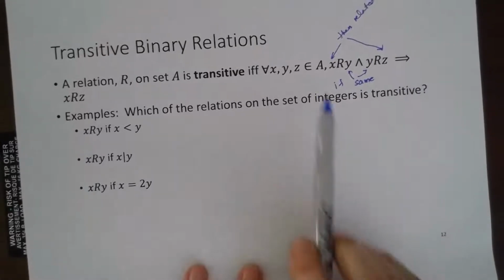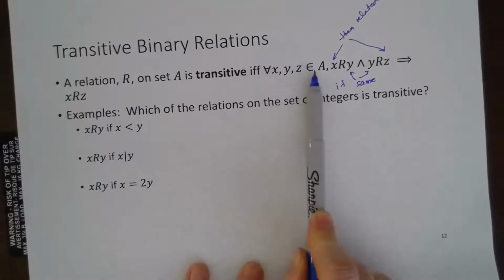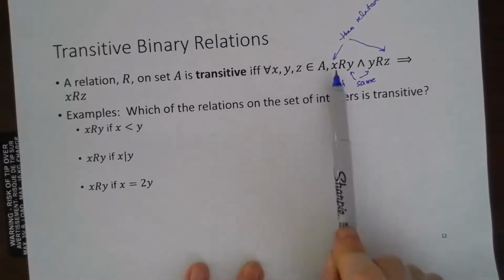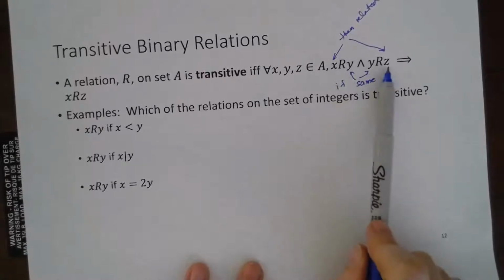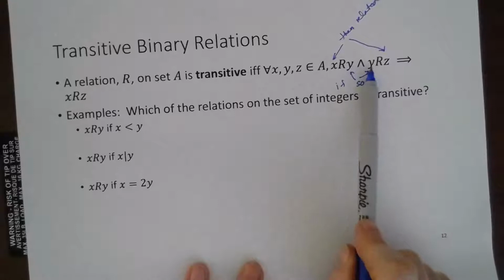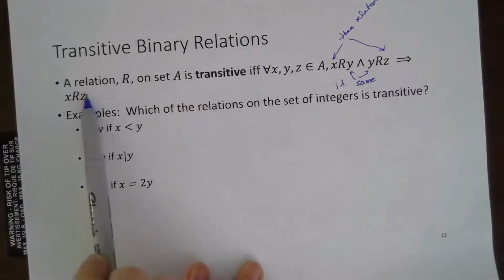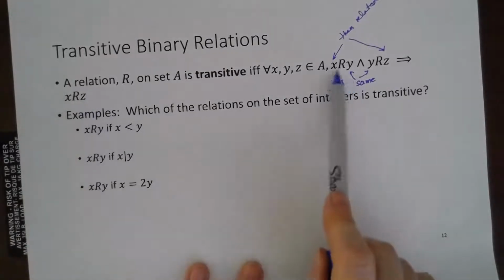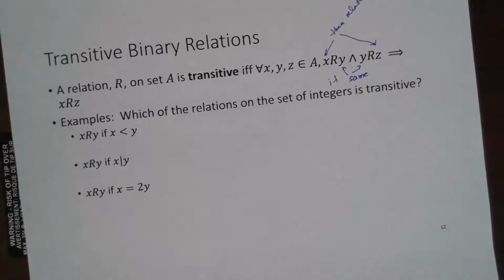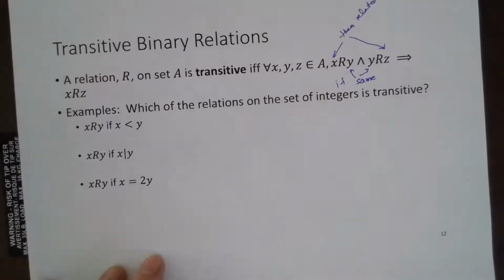Recall, transitive is that if we pick any elements from our domain, and we have that x is related to y and y is related to z, notice this y is exactly the same element, then we're also going to get that this first one, x, is related to this last one, z. So this y is just kind of a connector. I think of it as the middleman. This y just connects x and z.